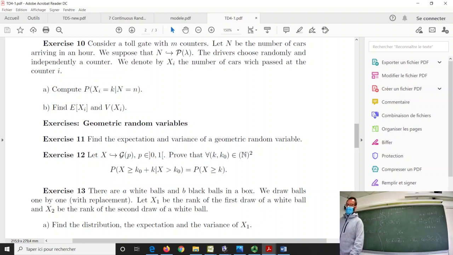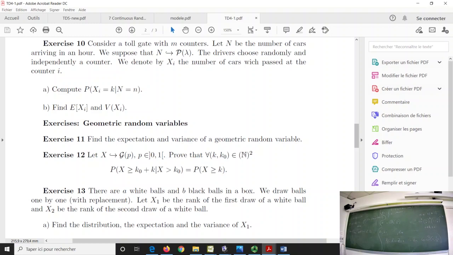So I just have to plug into this formula what I obtained from the previous question. From the previous question, we have seen that the conditional probability that xi is equal to k given that capital N is equal to small n is equal to this expression, but be careful if k is between 0 and n.